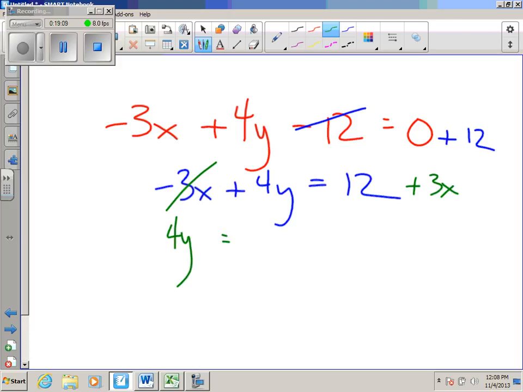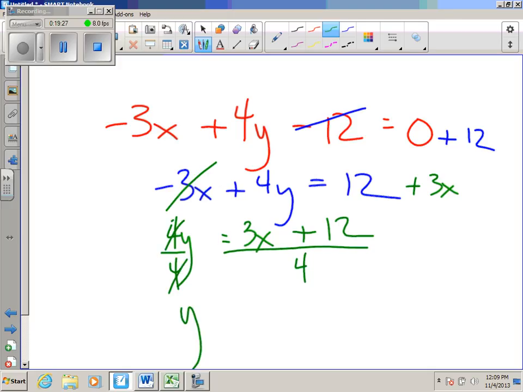4y is now equal to, can we switch these around? So that's a positive 3x, that's a positive 12. Good, right? Good. Now what? Gone, y. 3, good. And then 12 over 4.